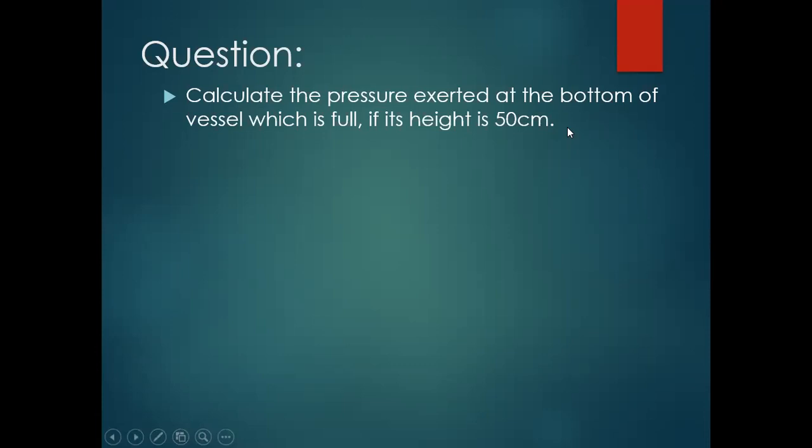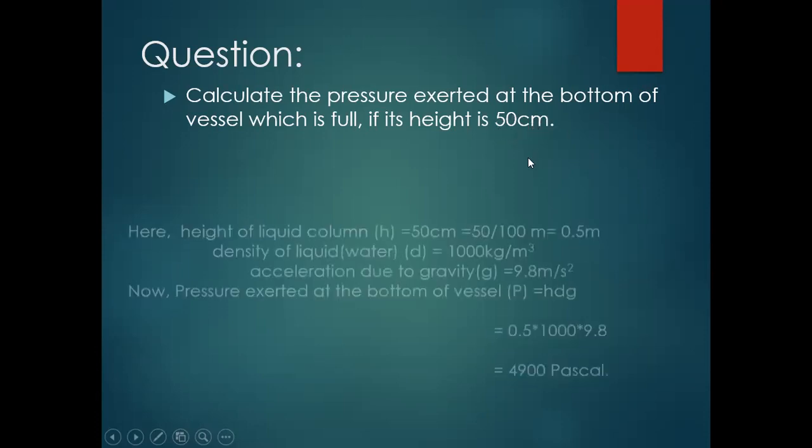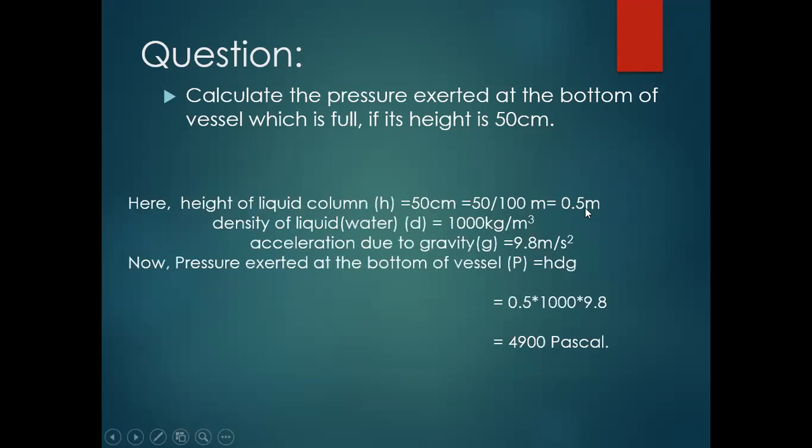Just use the same formula. P equals hdg. P we need to find. Height or depth of the liquid is given as 50 centimeter, and you have to convert that into meter. Then you get 0.5 meter.